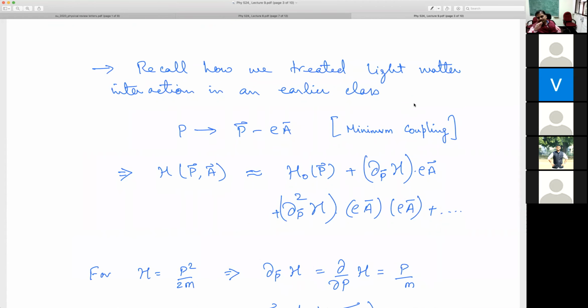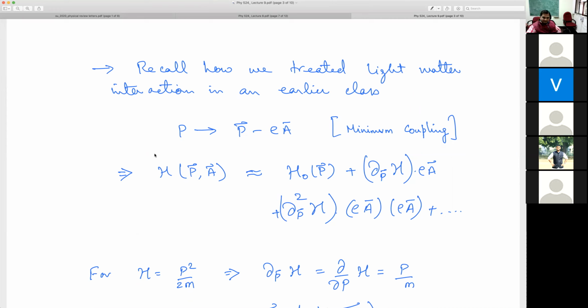In the earlier class, if you remember, we had the Schrodinger equation, and we did the minimal coupling. In the presence of an electromagnetic field, my canonical momentum changes, and the P vector goes to P vector minus eA in SI units.